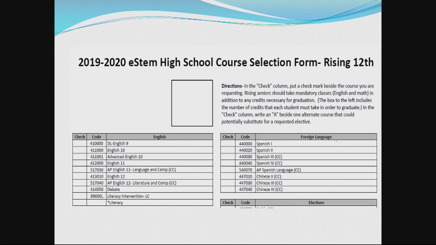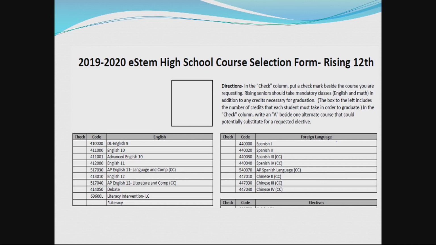The academic advisor will indicate the number of credits necessary for graduation. The academic advisor has already reviewed your child's transcript to see what classes he or she must take to satisfy graduation requirements. Additionally, the advisor has reviewed previous test scores and other data to determine the appropriate level of these courses to ensure your child's academic success.